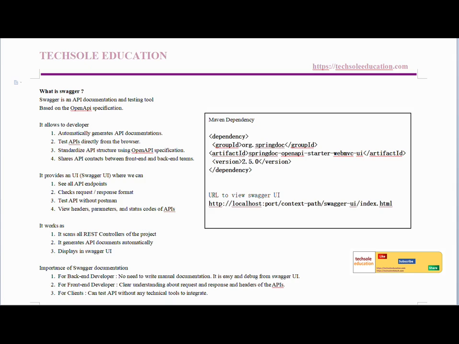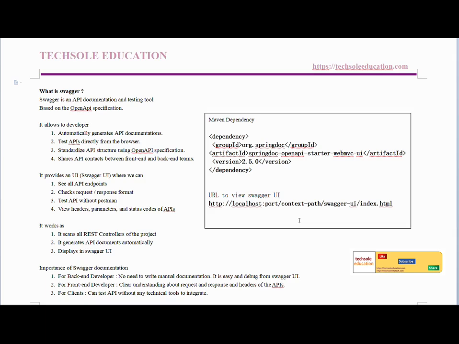Previously, we were sharing the API documents in Word format or PDF format, like this is the URL, this is the method type, these are the headers, and this is the payload. But by implementing Swagger, we just expose a Swagger UI endpoint and all the API documentation is created by this OpenAPI specification by Swagger.